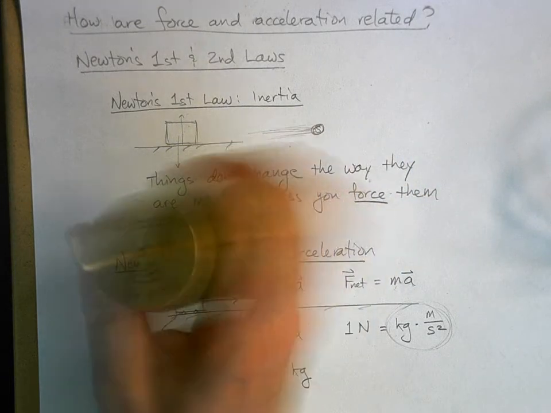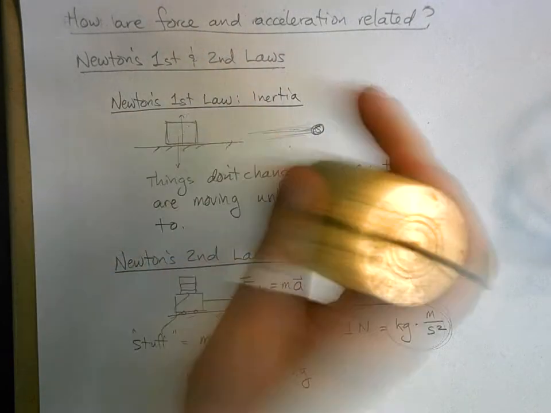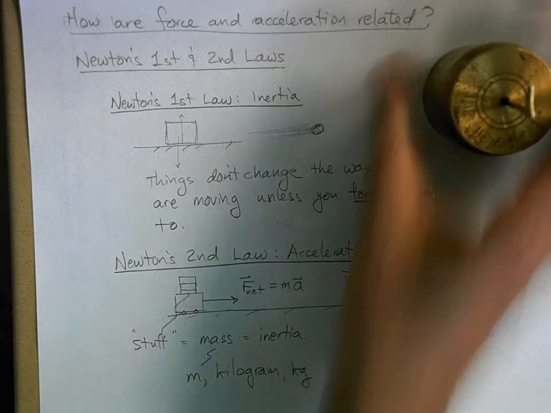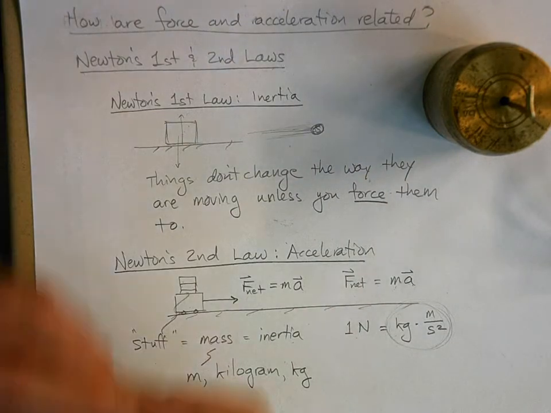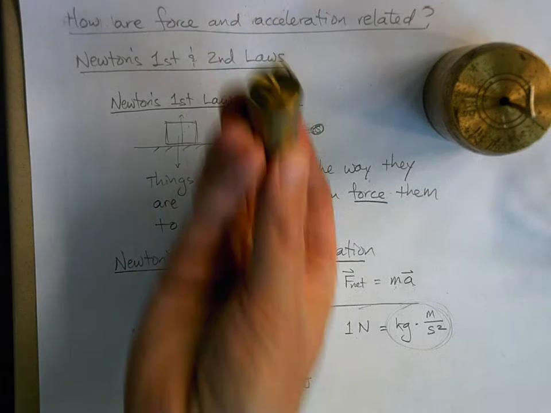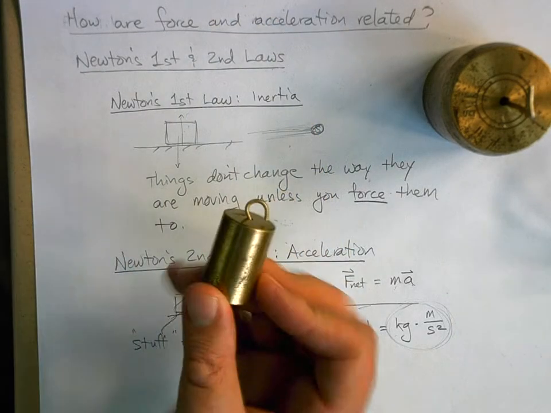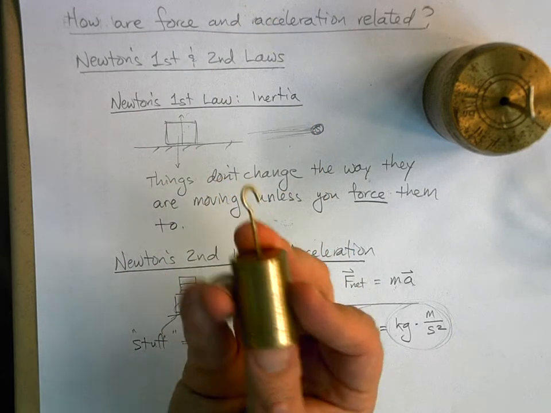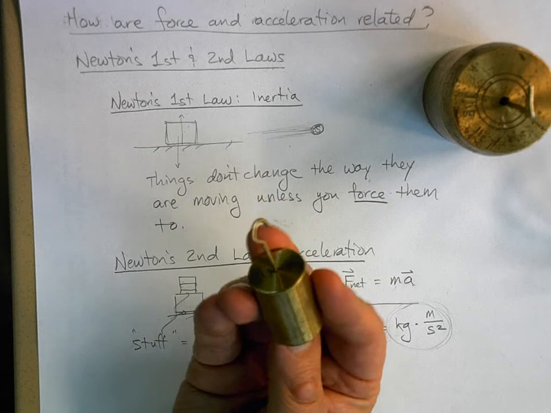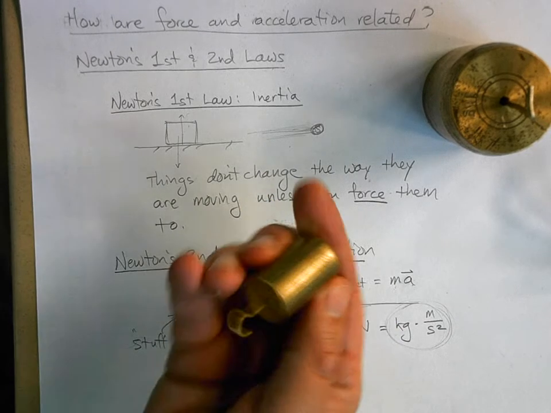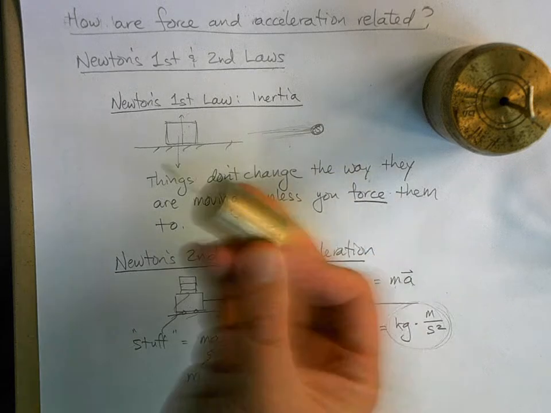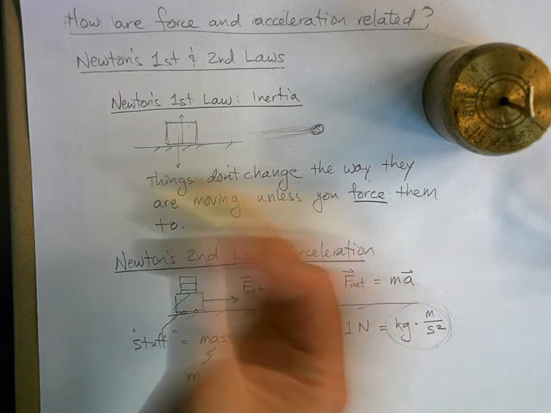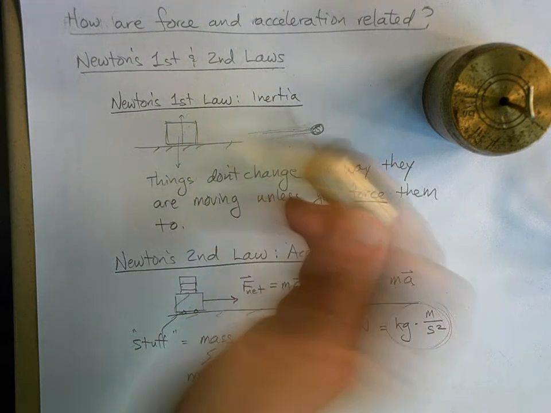You can feel the difficulty in stopping it and making it go. Look at this cute little baby one. Okay. This is 100 grams or 0.1 kilograms, and I shake this thing, and it's much easier to shake back and forth.